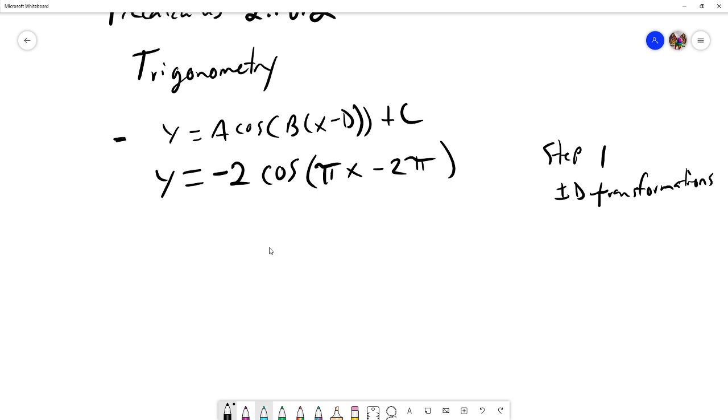So notice inside our cosine is the following. We have pi x minus 2 pi. That is not the same thing as b times x minus d. If we do not catch this distinction at first, we would have said b is equal to pi, but d is equal to 2 pi.